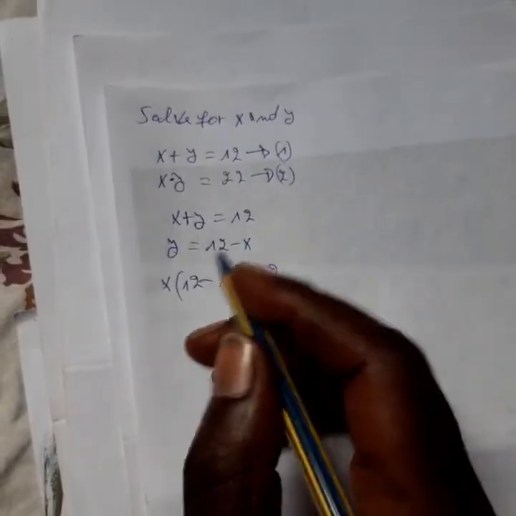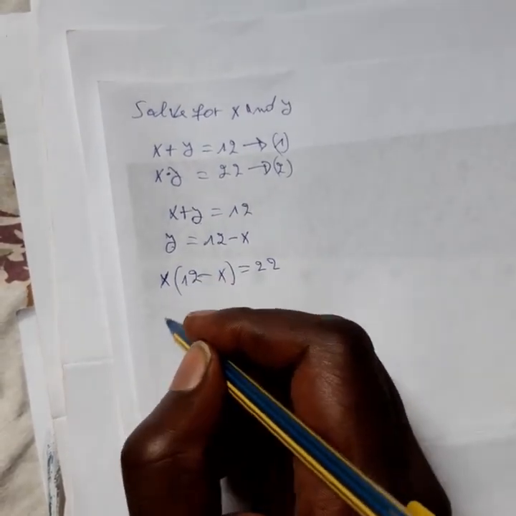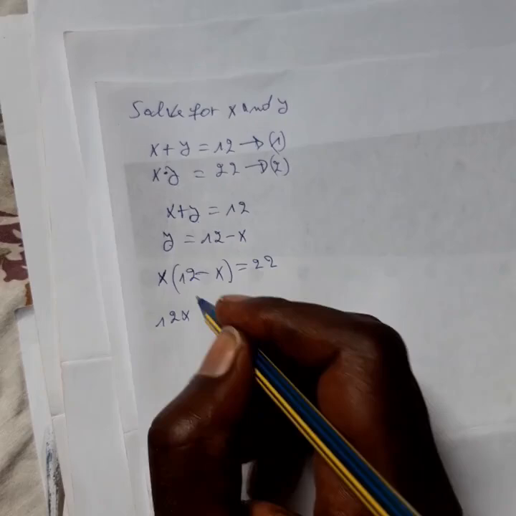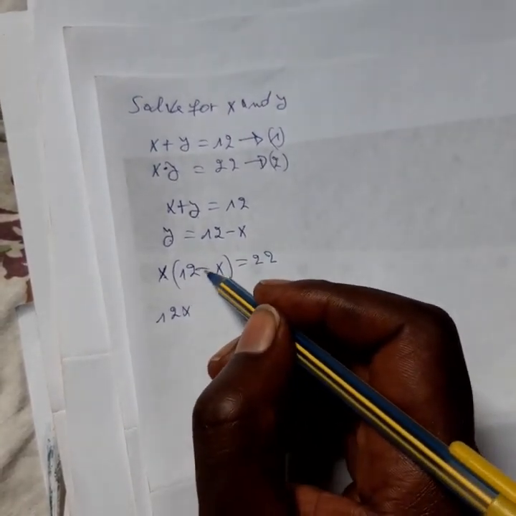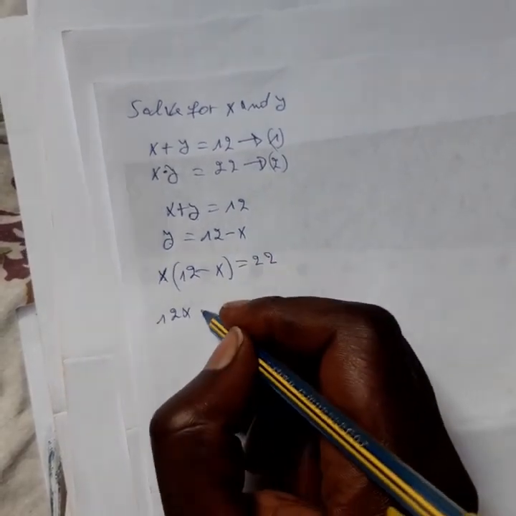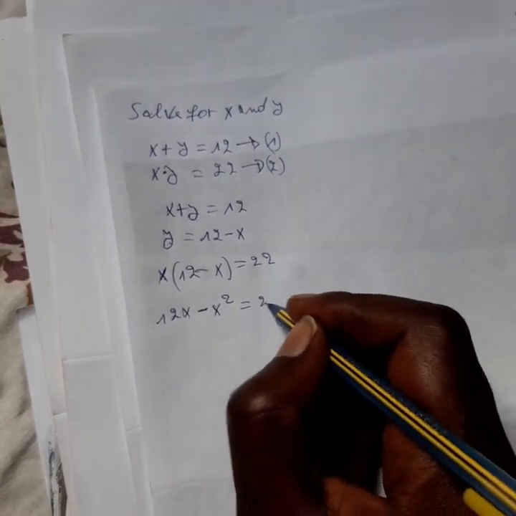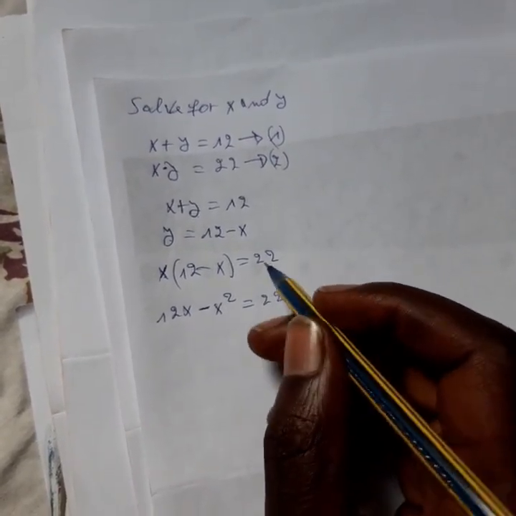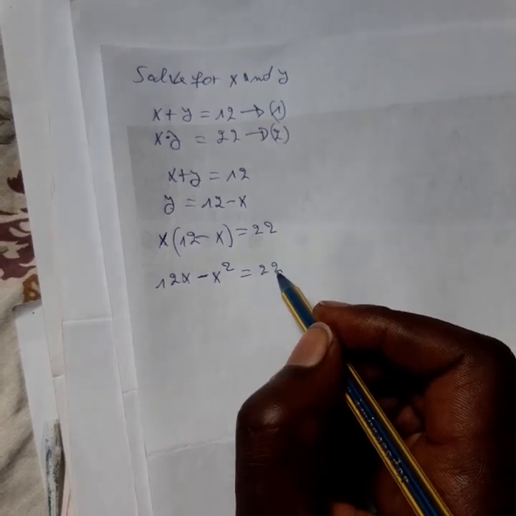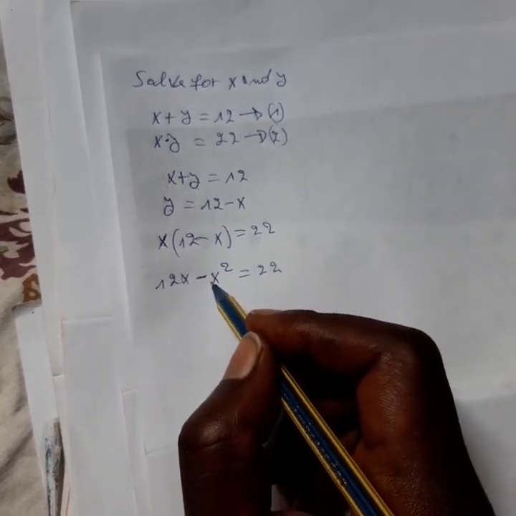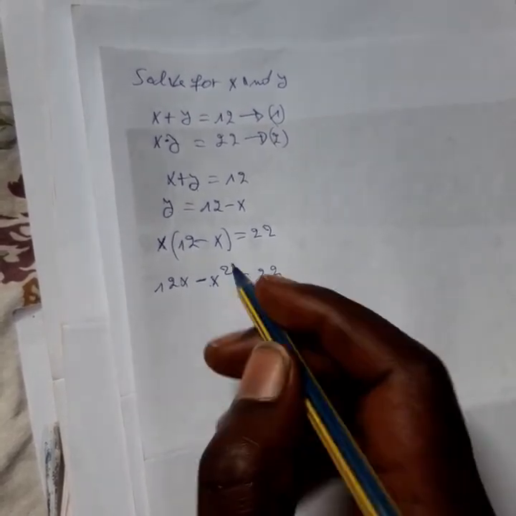Then x times 12 is 12x. x times negative x, we get negative x squared, which is equal to 22. Then we're going to move this 22 here, and we write starting with negative x squared.